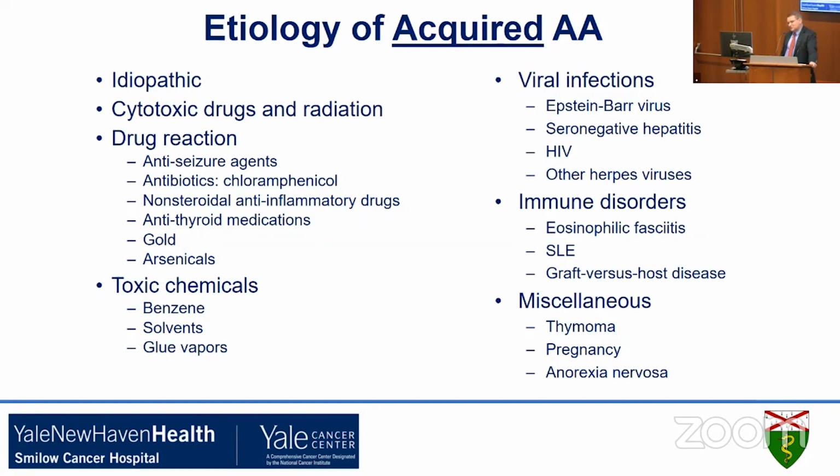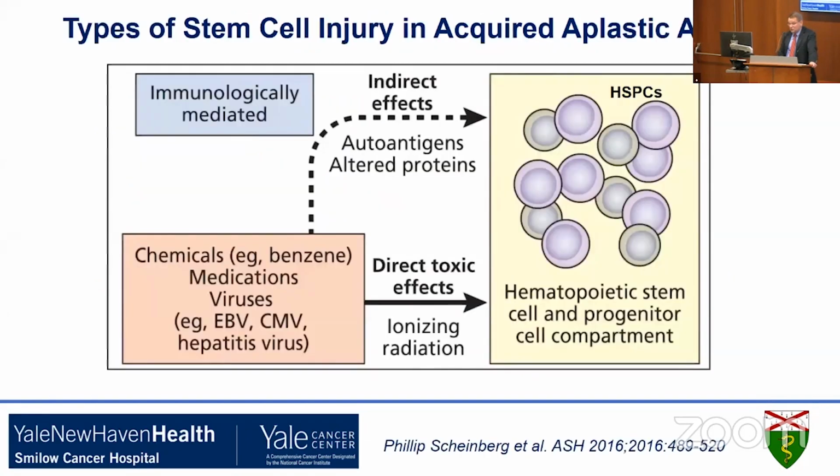Immune disorders are associated with aplasia in the bone marrow, including eosinophilic fasciitis, lupus, and graft versus host disease for those patients who receive transplants for other hematological conditions. And miscellaneous conditions have association, including thymoma, which is a tumor in the mediastinum, pregnancy, and anorexia nervosa. But once again, idiopathic is the most common.